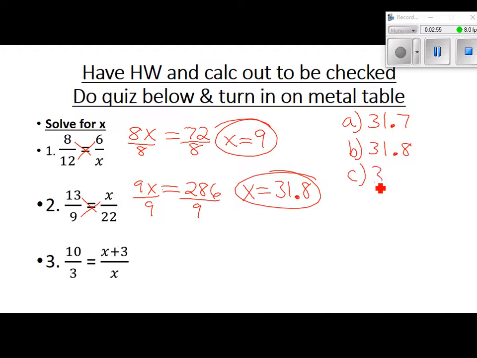Somebody else might say, maybe you go out a couple spaces farther. That's going to be wrong also. Then they'll say, maybe they wanted it rounded off to the nearest whole number. That's even less precise than all the others.